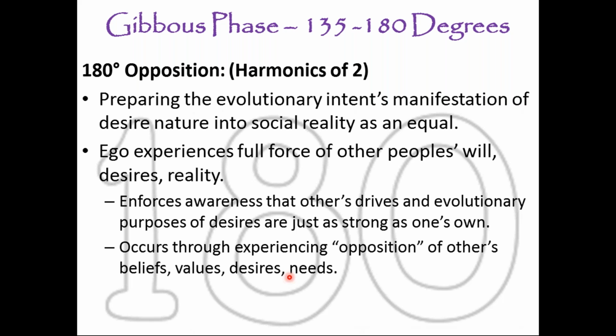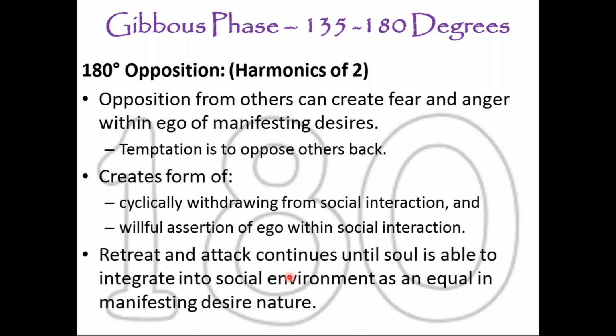And you can add in the beliefs, values, needs as well. We're, one more time, running into others who want us to still make some type of adjustment. And the closer we get to that full phase, we're feeling the shifting of yin to yang energy, but it's not there yet.